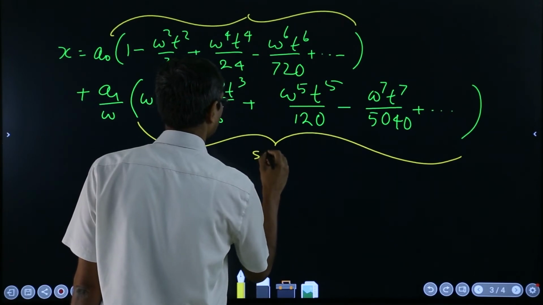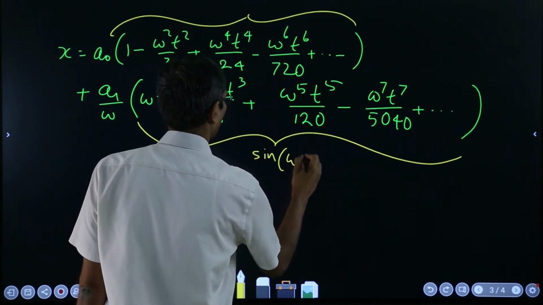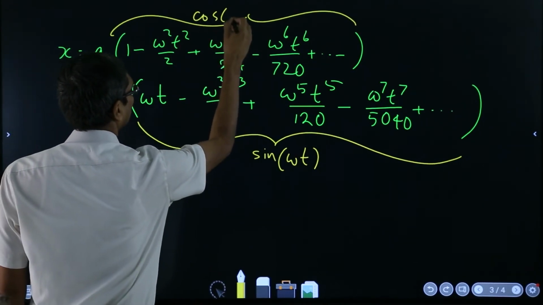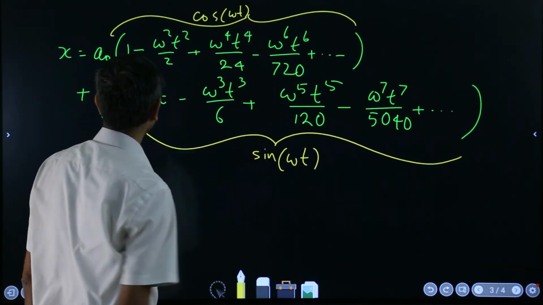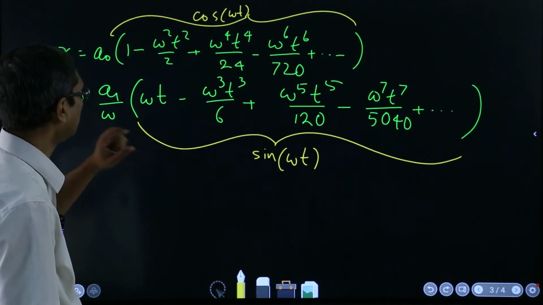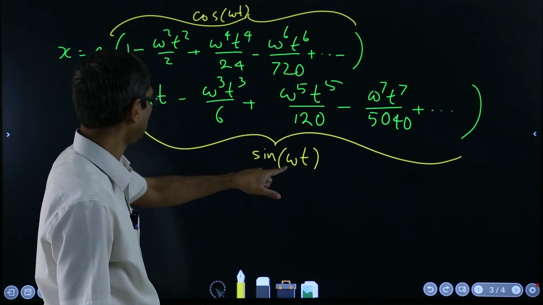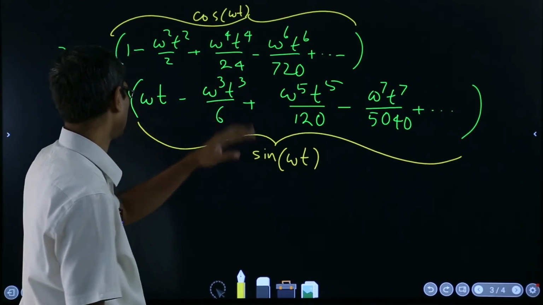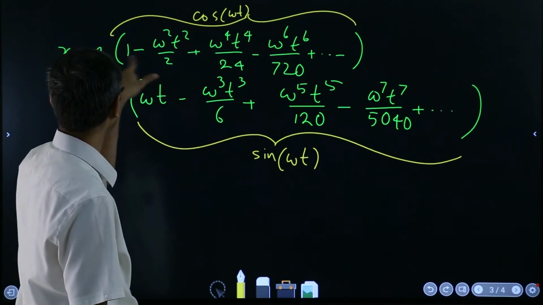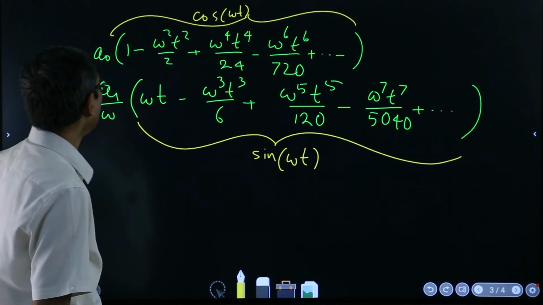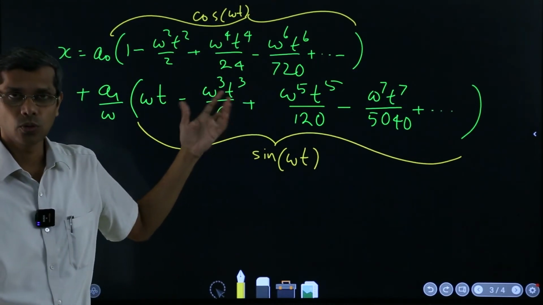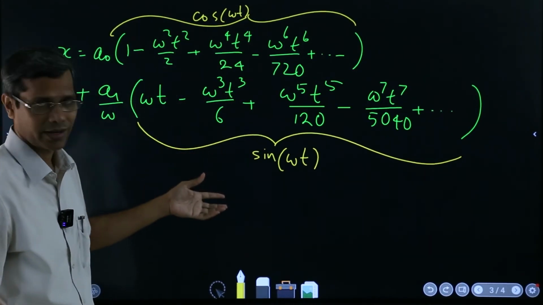So this is sine of omega t, and this one is cos of omega t. Am I correct? Because if I put t equal to 0, this becomes 0, and this becomes 1. So that's the sine and that's the cos, isn't it?